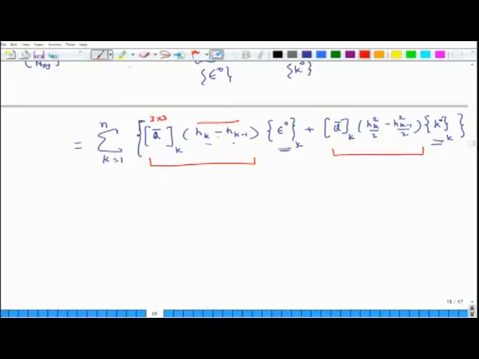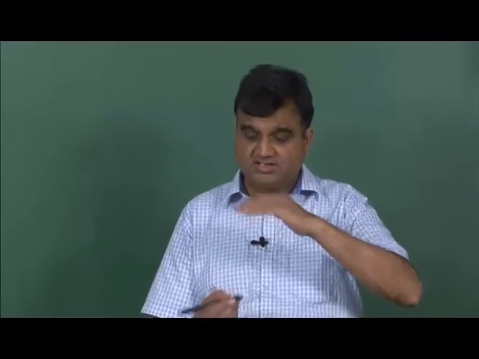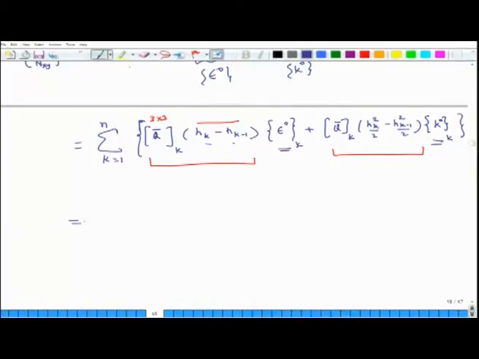So, when I multiply this and I add this for all the layers, I still get a 3 by 3 matrix, and I call that 3 by 3 matrix the A matrix. So, that is equal to a 3 by 3 matrix A times the midplane strain. So, from here I get A.